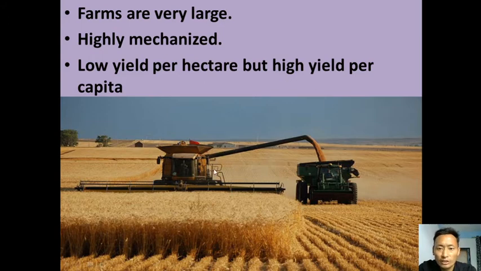Because of that, here only two people are doing agriculture activities. So if we divide per head, the per head production here is very high as compared to intensive types of agriculture. Why? In intensive agriculture, mostly the agriculture activities are done with the help of family labors or family members.